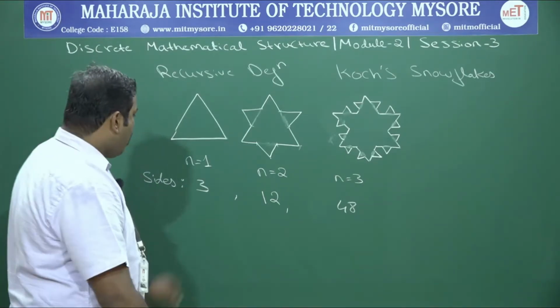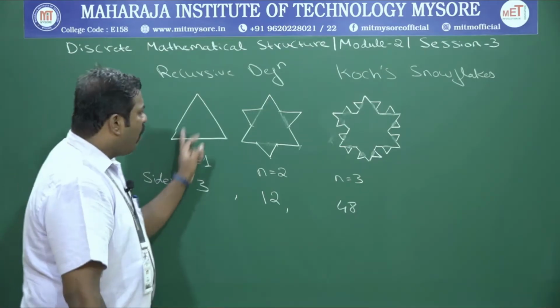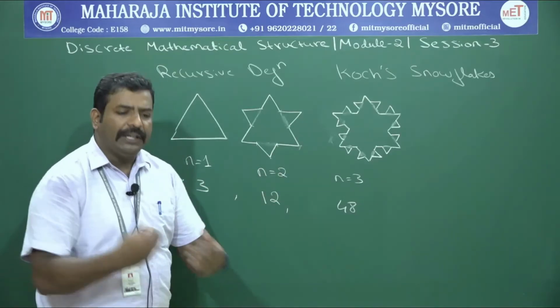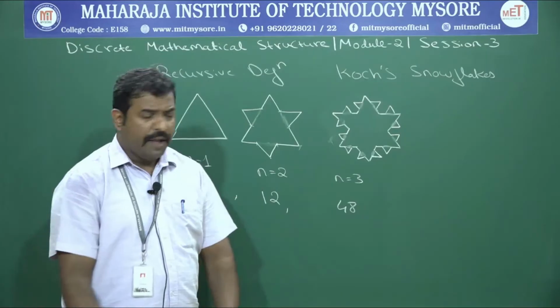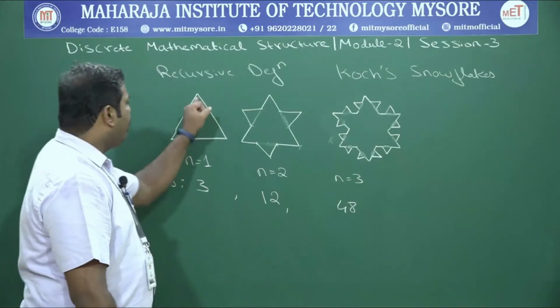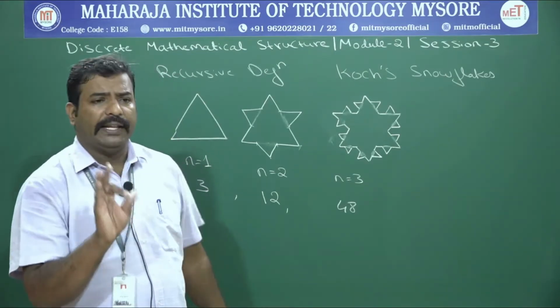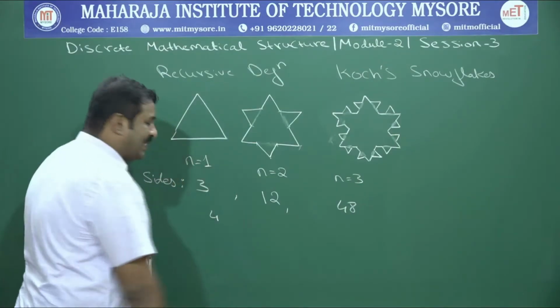Now I'm sure that whenever I create a new iteration, I'm going to introduce a new equilateral triangle. Every line segment has been divided into 4 line segments. Hence, I'm going to have 4 line segments.